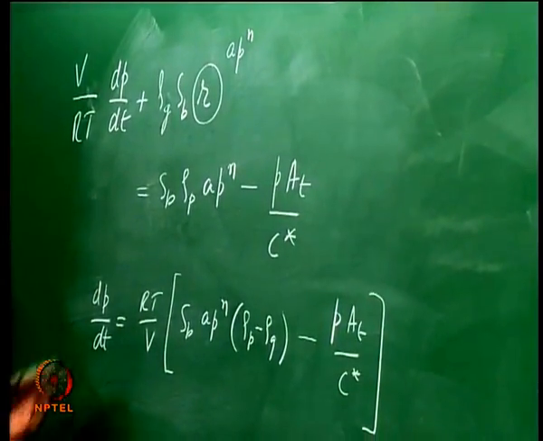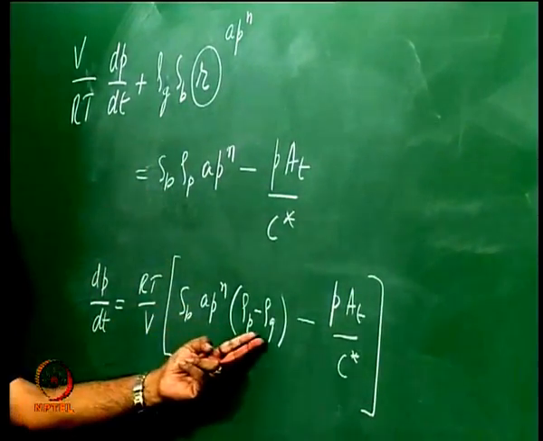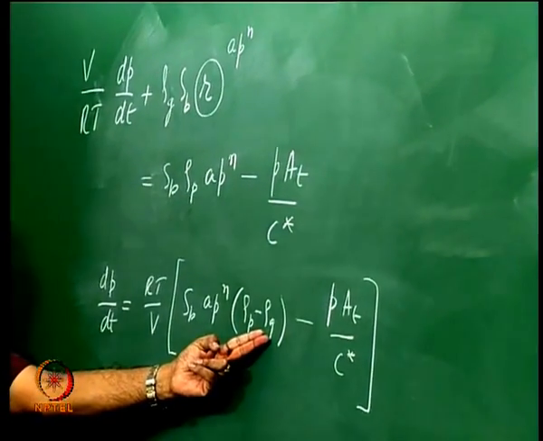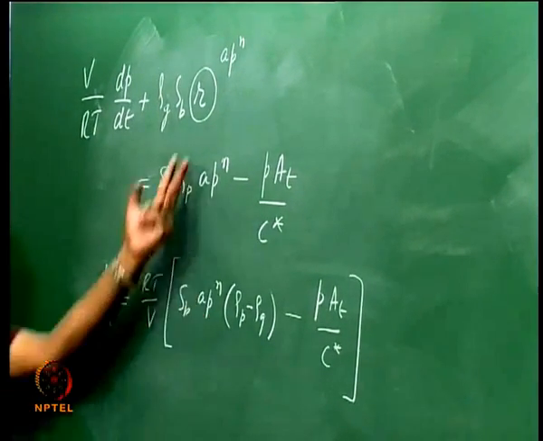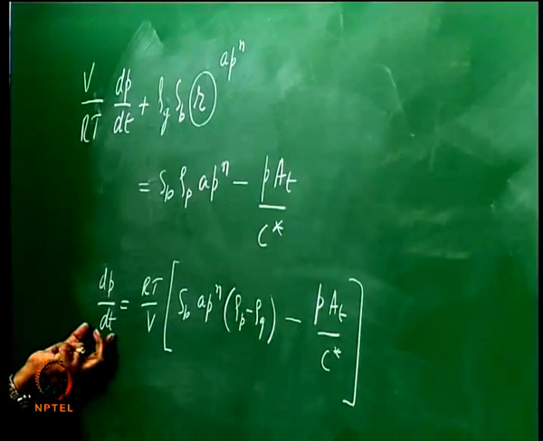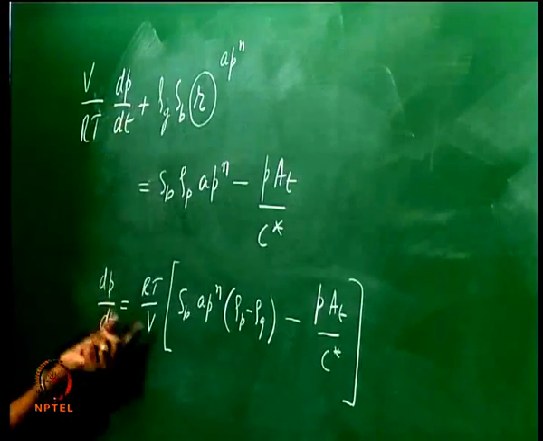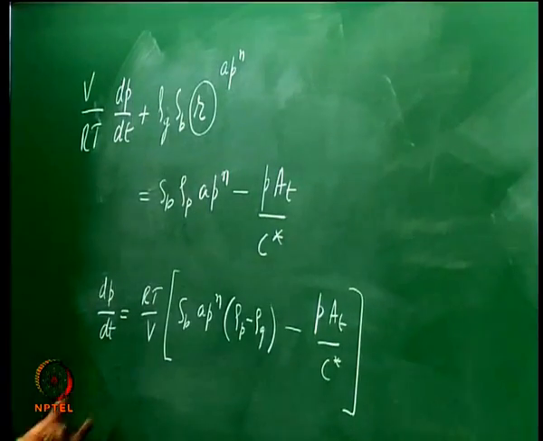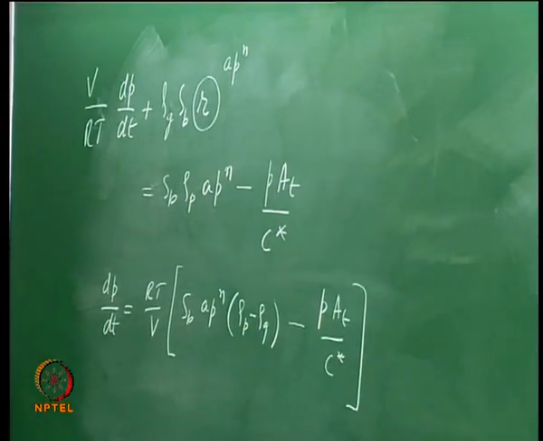All what I have done is I brought rho_g here because it is a minus sign now. I have S_B into a P to the power n, and this is my value. That means I have dP by dt, I take RT on this side over here. Is it all right? Please check it.